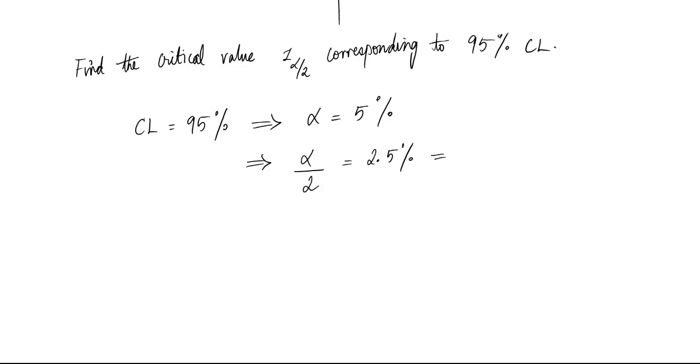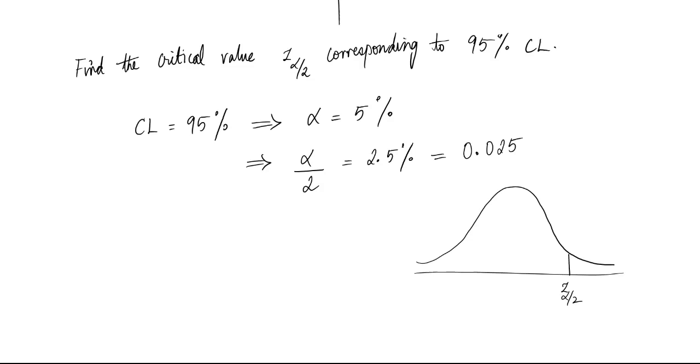But remember, if you're looking at the table or if you're using technology, you have to write this in decimal form. So that has to be 0.025. Now, if I were to again shade this, remember my z alpha over 2 is only for the right tail.